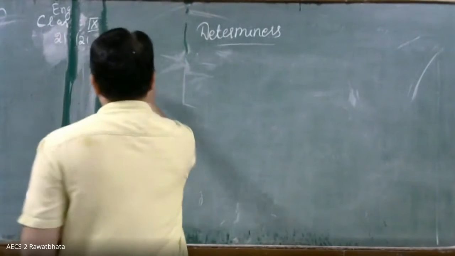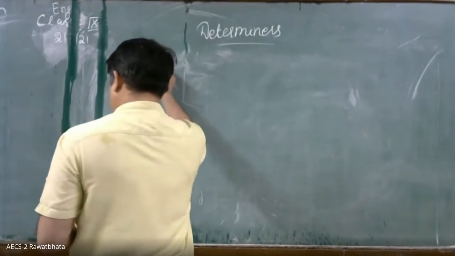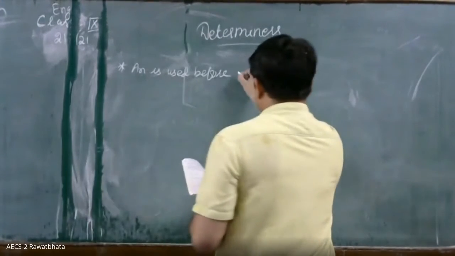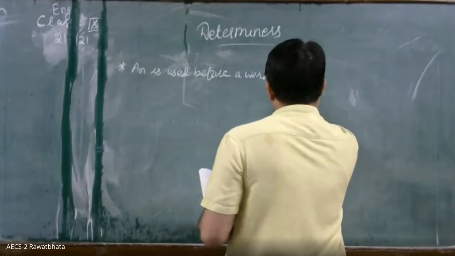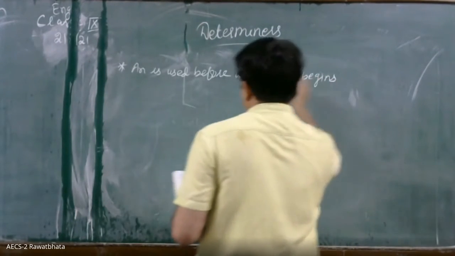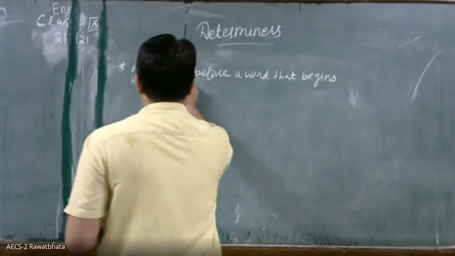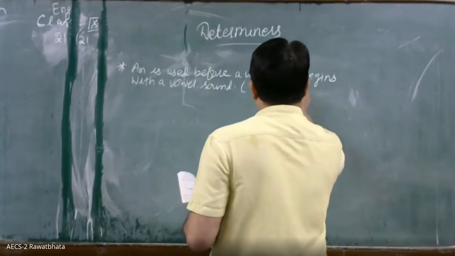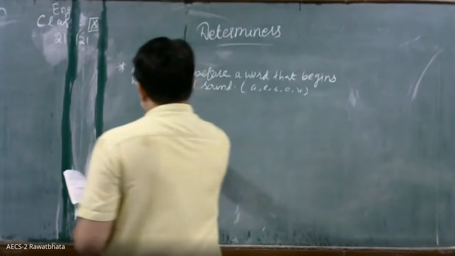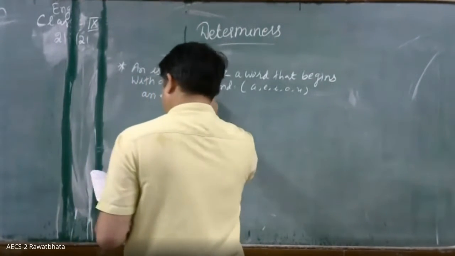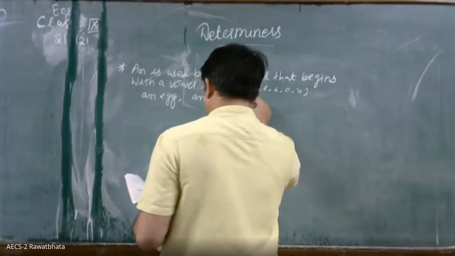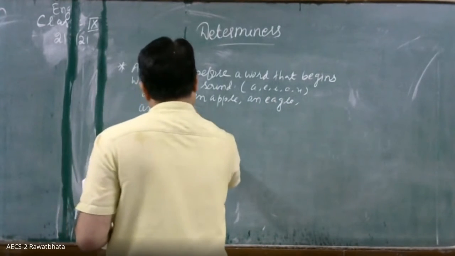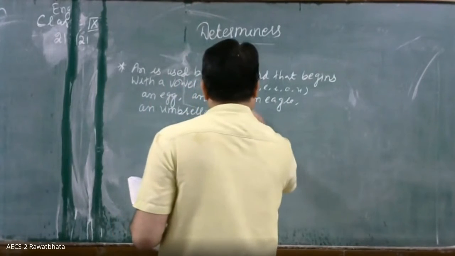You write: an is used before a word that begins with a vowel sound, that is A, E, I, O, U. Okay, examples: an egg, an apple, an eagle, an umbrella, an enemy.